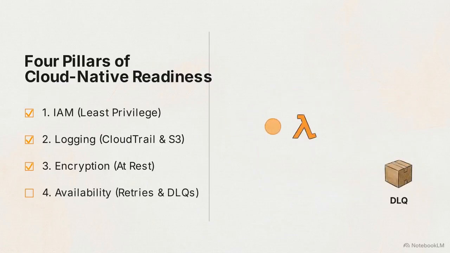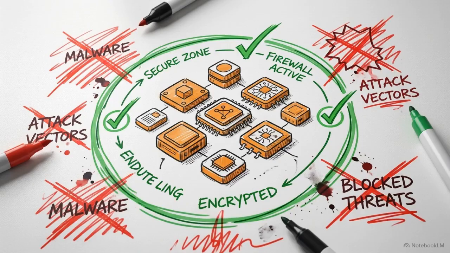Configure specific timeouts, retries, and dead letter queues for your Lambda functions. A dead letter queue is a designated storage area for events that fail to process correctly, ensuring no data is lost during an error. When you rely entirely on ephemeral compute, your identity permissions and configuration settings serve as your only true perimeters during an audit.